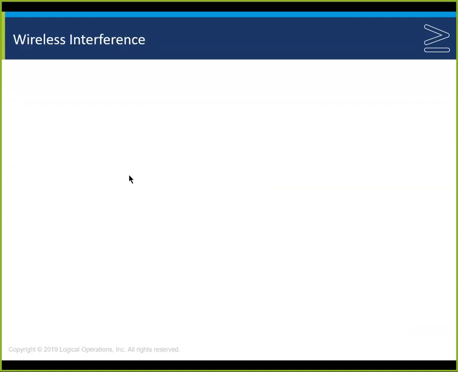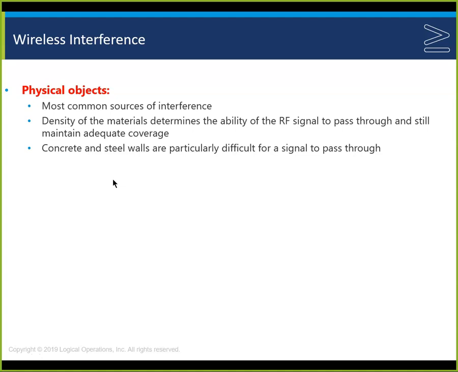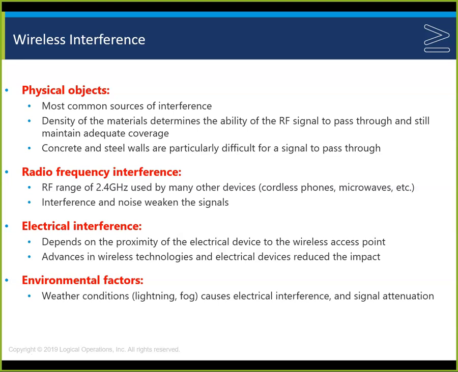Wireless interferences are not anything that's really earth-shattering, I guess, but physical objects are the most common. The density of the material determines the ability of the RF signal to pass through and still maintain adequate coverage. If you have a cement wall with rebar in it, it's probably not going to go through there.